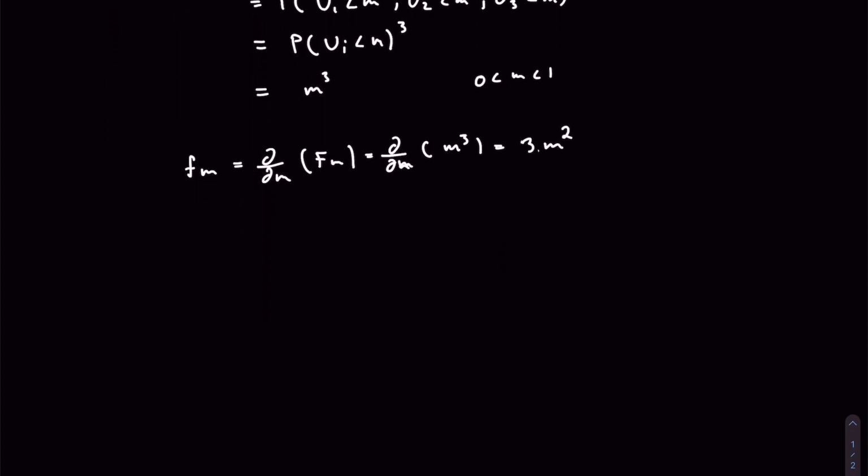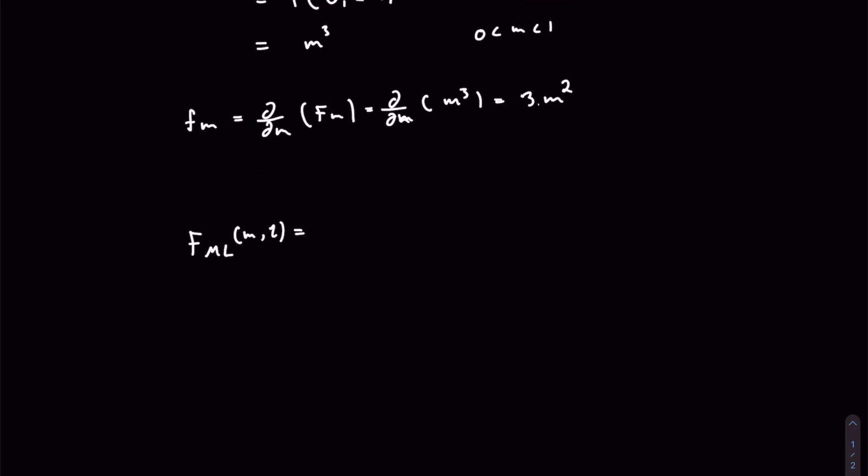Okay, let's start with the joint. So this will be a function of little m and little l, like so. And this is by definition the probability of L being less than little l, M being less than little m, over the support that they are defined for.